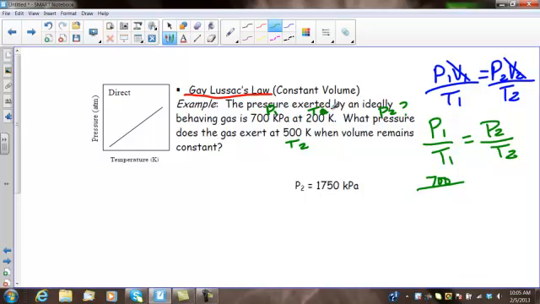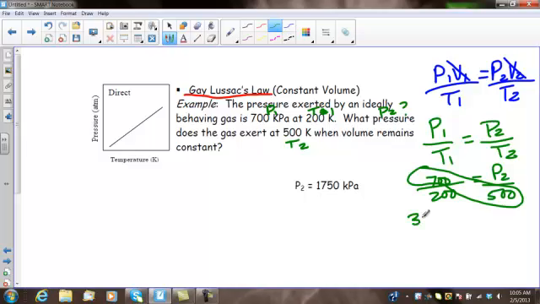This is my T1, it's 200. My P2 I don't know, and my T2 is 500. So when I cross multiply and divide, I've got 700 times 500, which is 350,000, divided by 200, which gives me 1750 kPa.